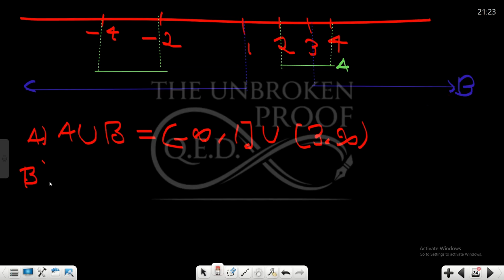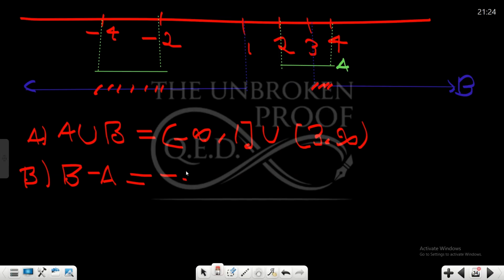So this is A option. B option says B minus A. B minus A means we have to remove the elements of A from B, like we have to remove this one and you have to consider the rest of the cases.